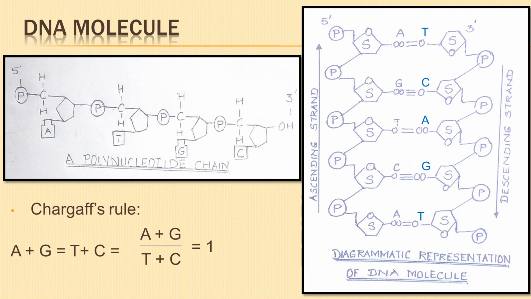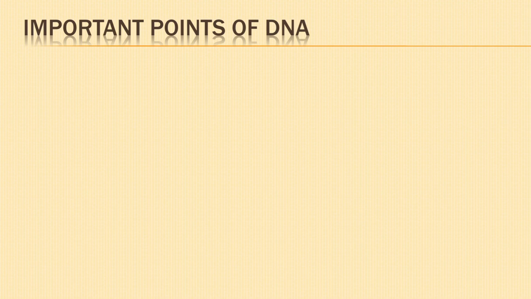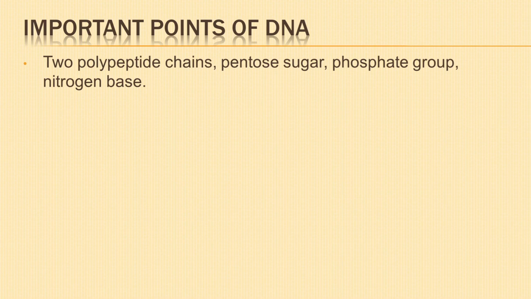Now, let us recollect the important points learned so far regarding DNA. DNA is made up of 2 polynucleotide chains, pentose sugar, phosphate group, and nitrogen base. It is a double helical structure.